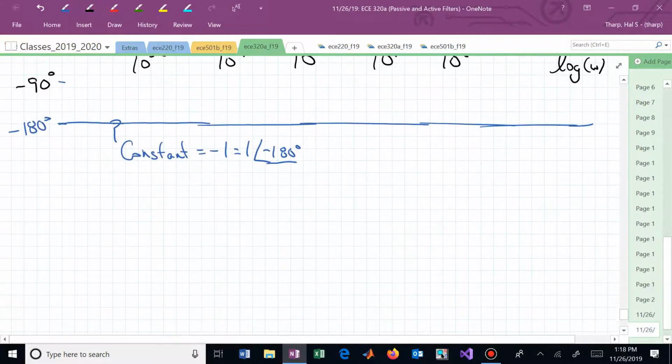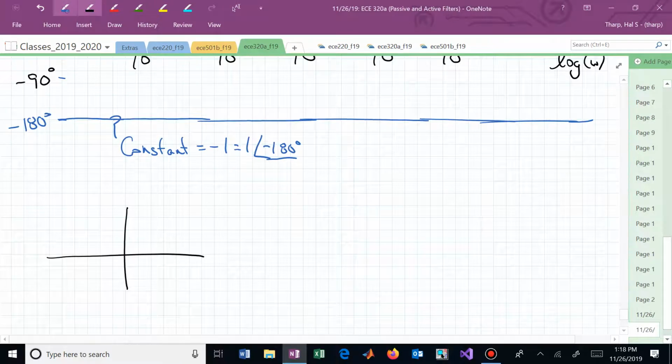If you now said, oh, you have a 0 at the origin, let's make it blue, I guess. So here's our S-plane. And now as I'm walking up the imaginary axis, for each omega, what's my angle?